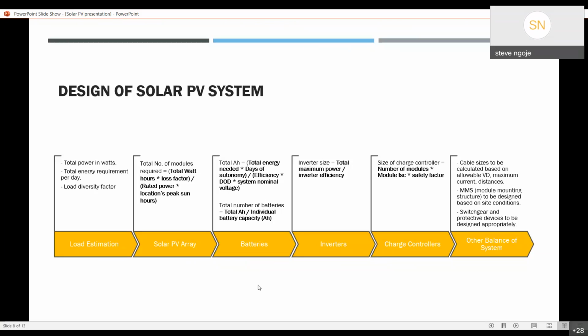So, ways of doing load estimation. The best way, if it is a premise that is already connected to grid or any other power supply like generators, is what we call power logging.